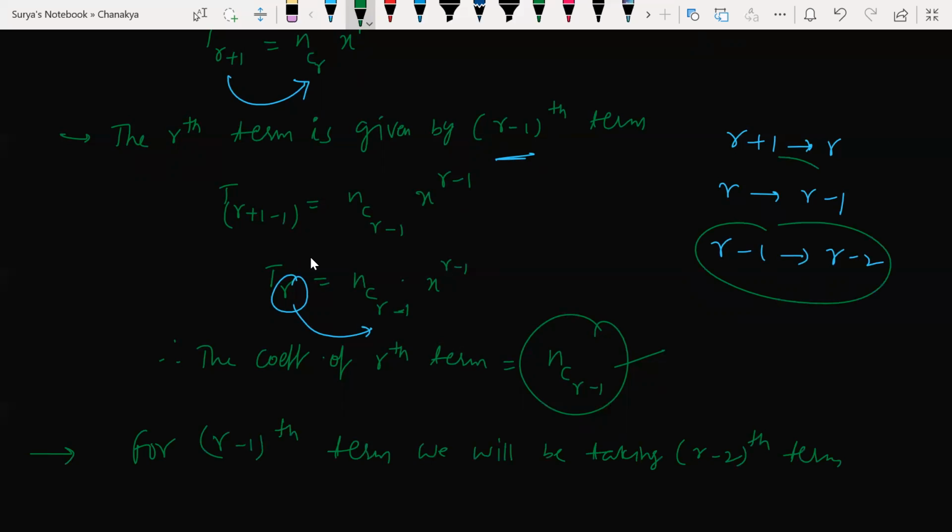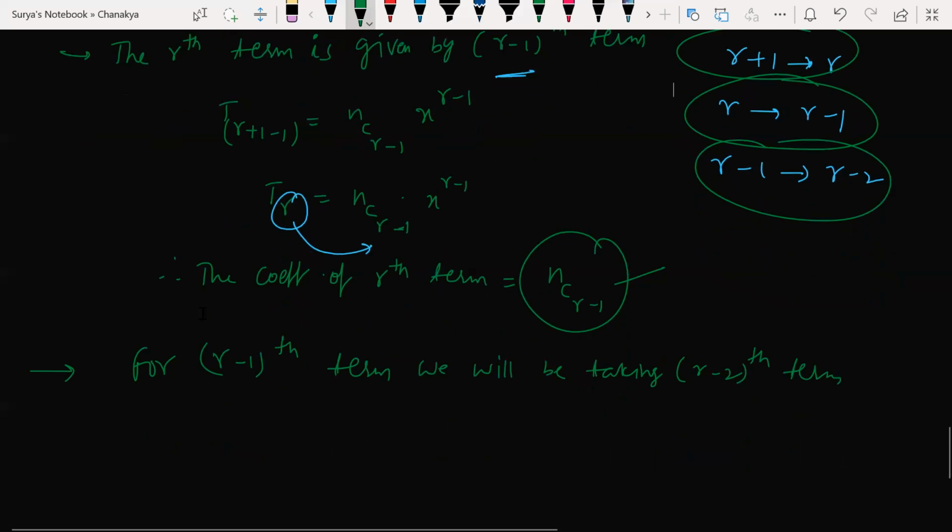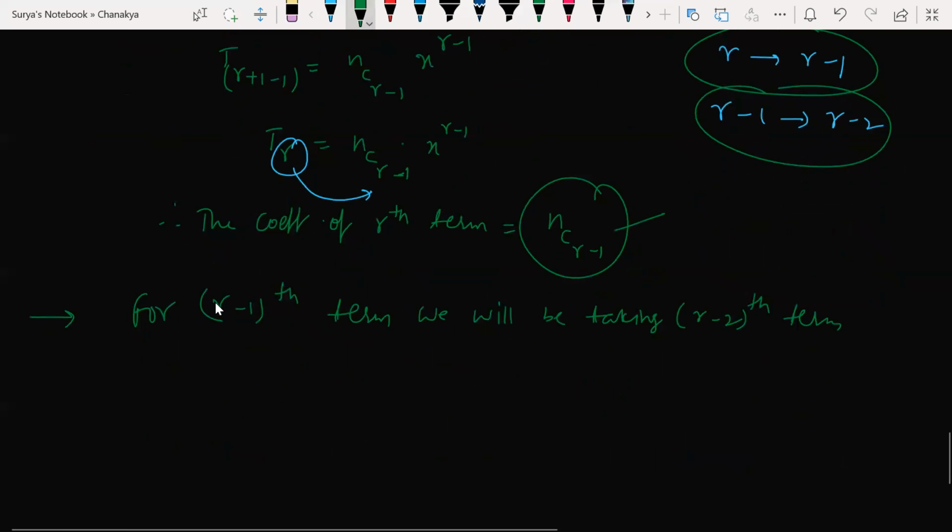Look at this here, isn't it? Same thing, let me write this. T(r minus 2 plus 1) is equal to nC(r minus 2) into x to the power of r minus 2.